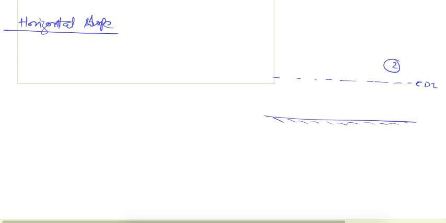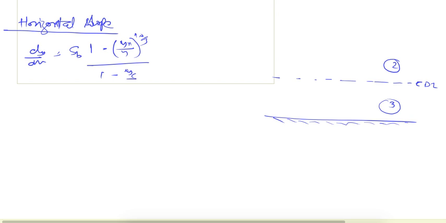So this is zone 2 and this is zone 3, and we cannot solve it using the equation which we are using in the other cases, it is yn to the power 10/3, 1 minus (yc/y)^3 whole cube, because in this case Sb is equal to 0, so it means dy/dx is equal to 0 and y is constant.